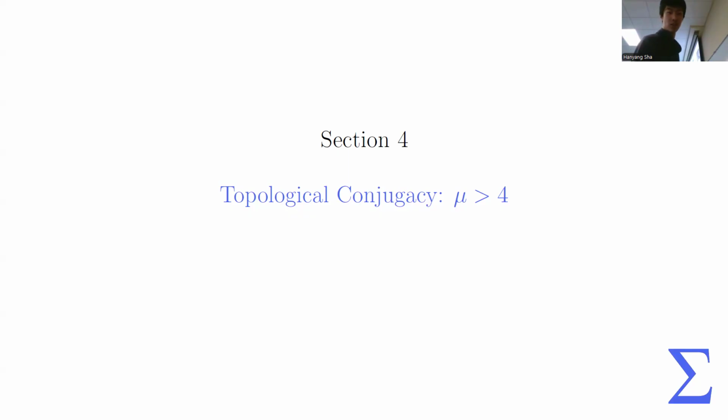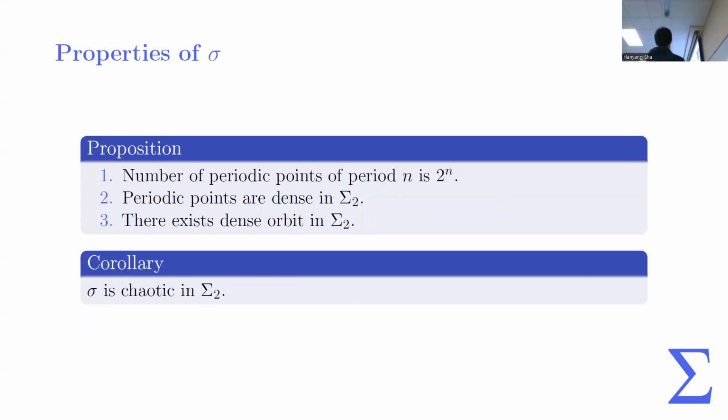Because earlier we showed that the shift map is chaotic on sigma 2, we can make an analogy with the logistic map over R, from which we will obtain that the logistic map is chaotic on R.